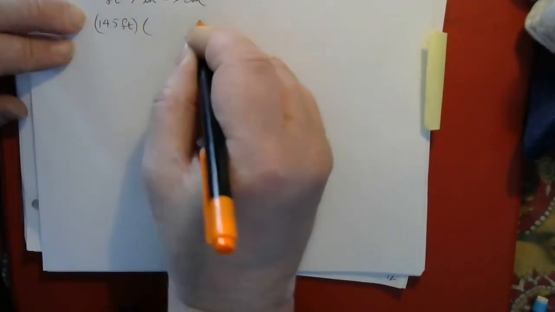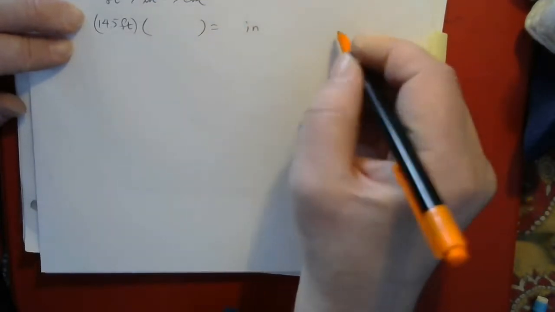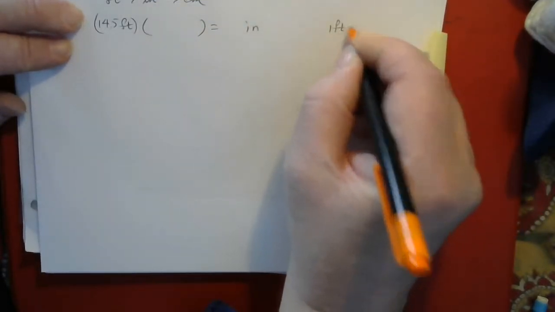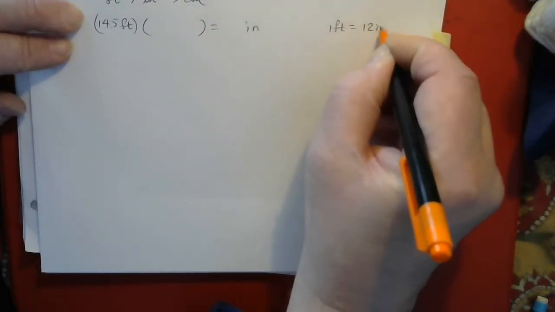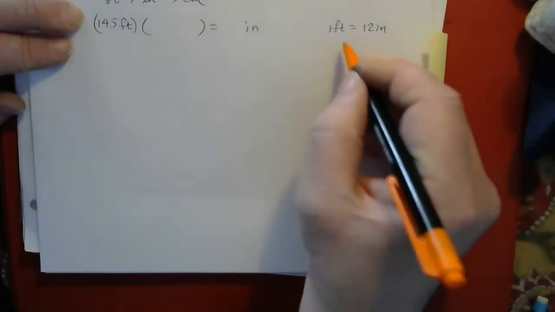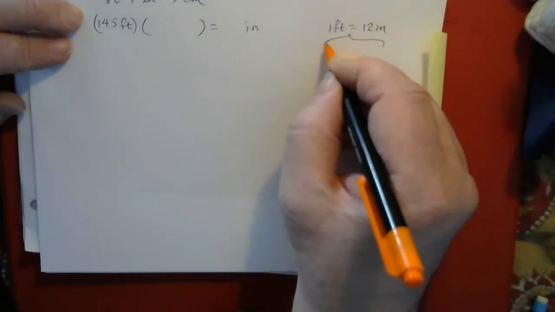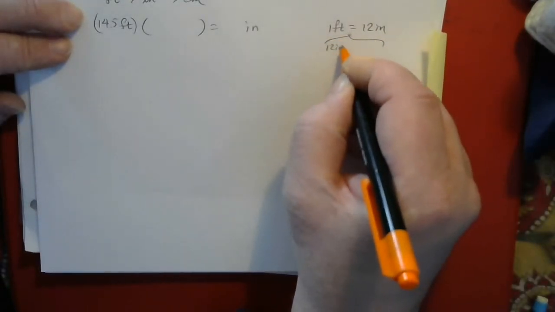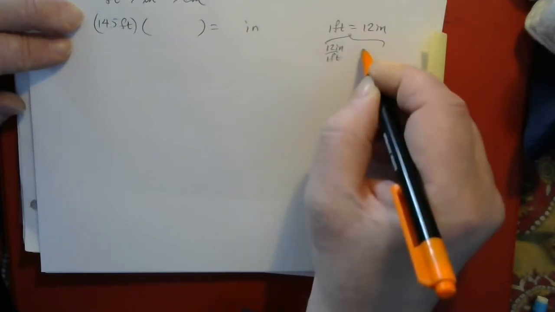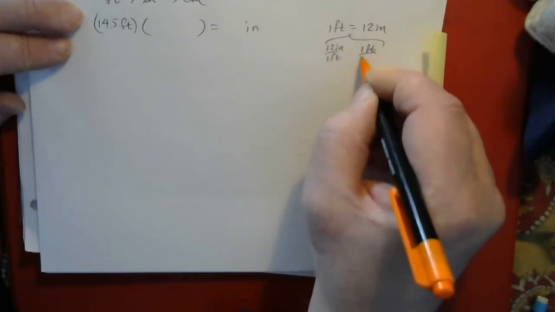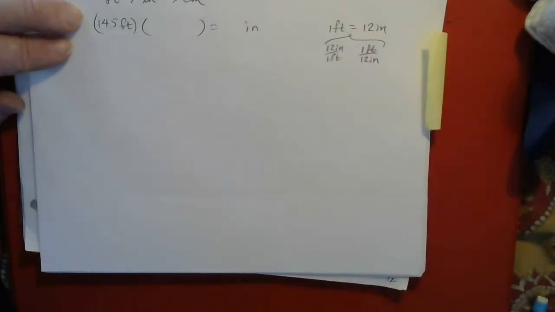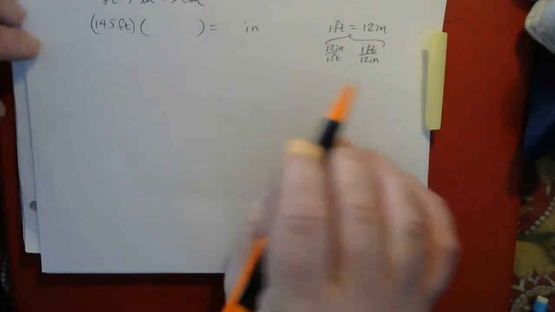If we have 14.5 feet, and we want to know how many inches that is, well, we know there's 1 foot for every 12 inches, and that means we're going to use either 12 inches over 1 foot, or 1 foot over 12 inches for our first conversion factor.